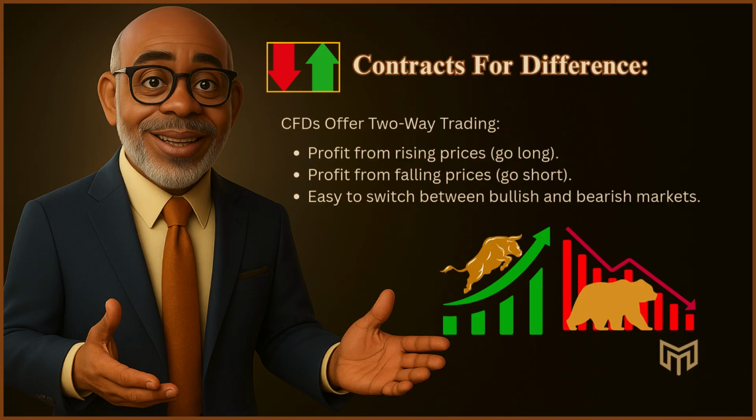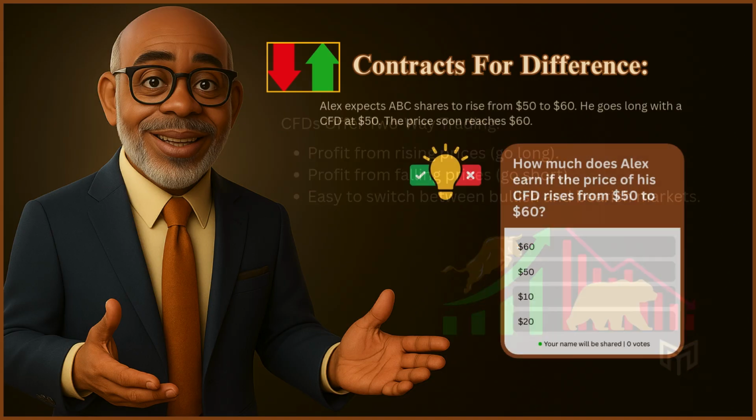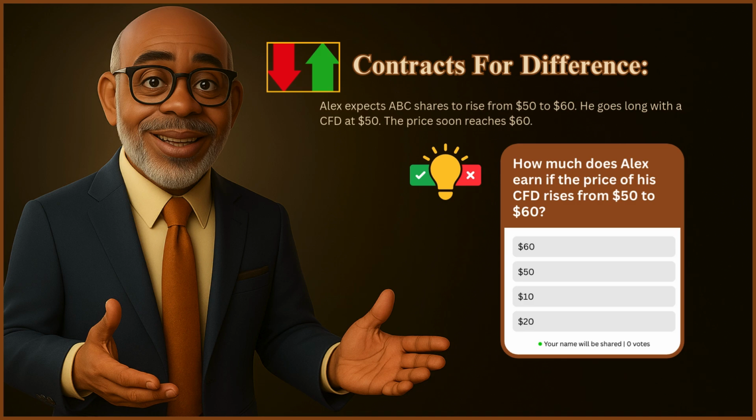Knowledge check. Alex expects ABC shares to rise from $50 to $60. He goes long with a CFD at $50. The price soon reaches $60. How much does Alex earn if the price of his CFD rises from $50 to $60?